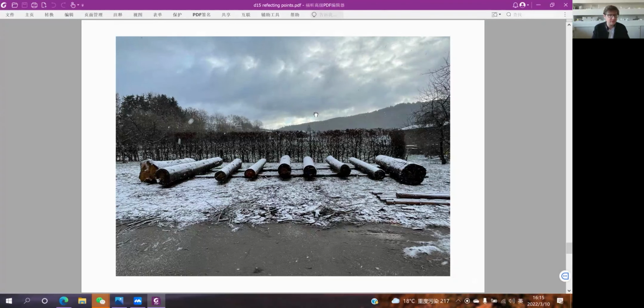And this tree we use also as a symbol to change the way of thinking, to change the material, to reuse reusable materials. Next one.